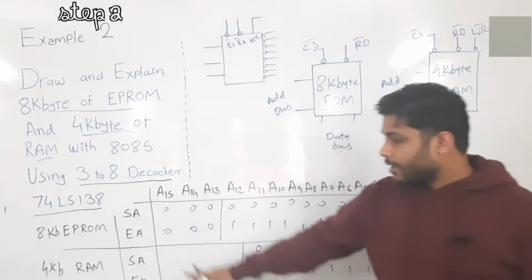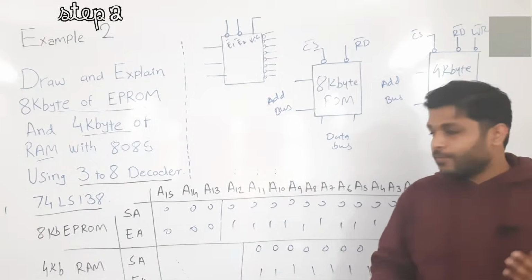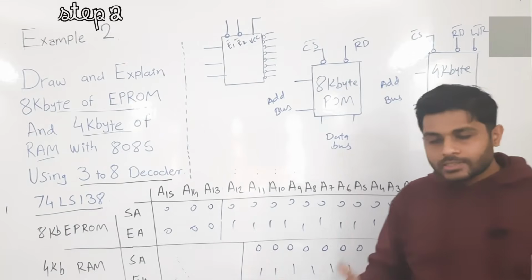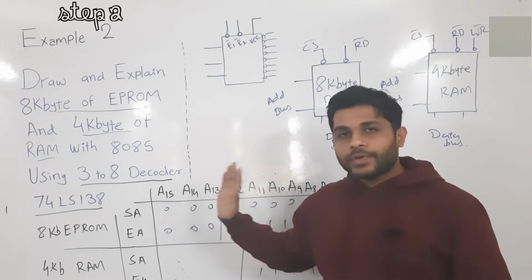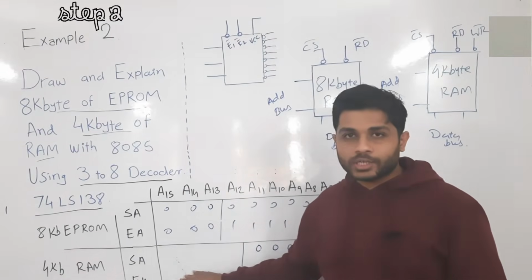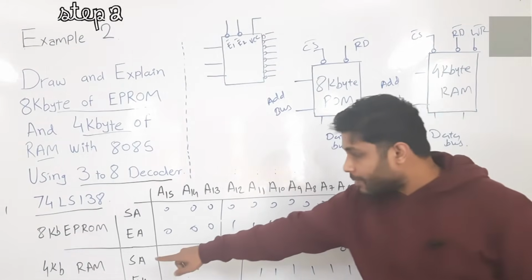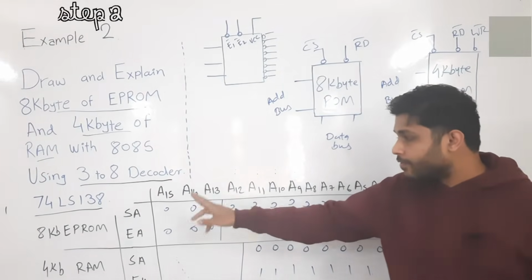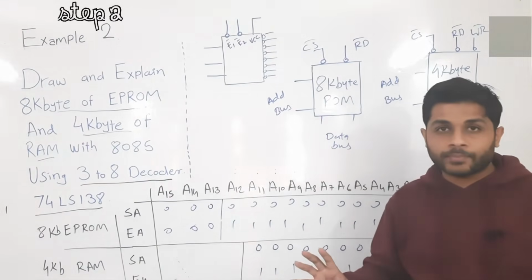Now let's find it for the 4KB RAM; the concept remains the same. The values of the remaining lines will be the same for one particular chip. So for the starting address of the 4KB RAM, the values of A13, A14 and A15 will be the same, and for the ending address they will also be the same.